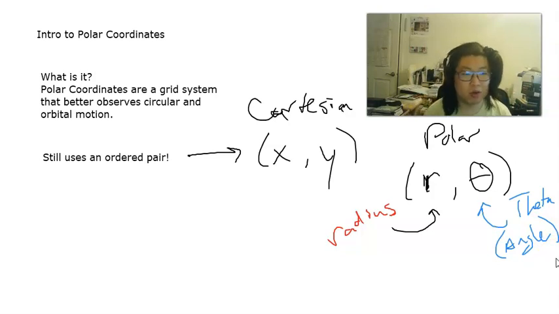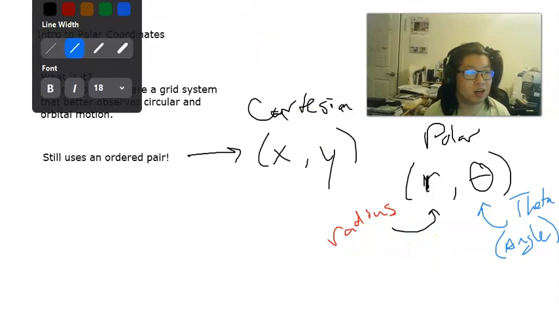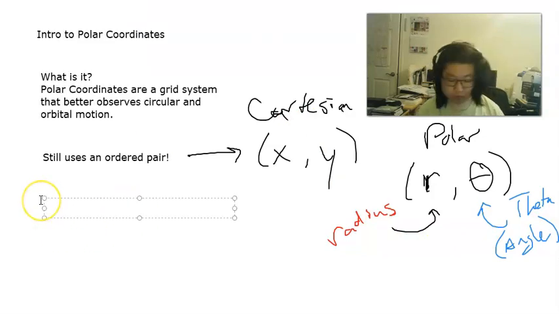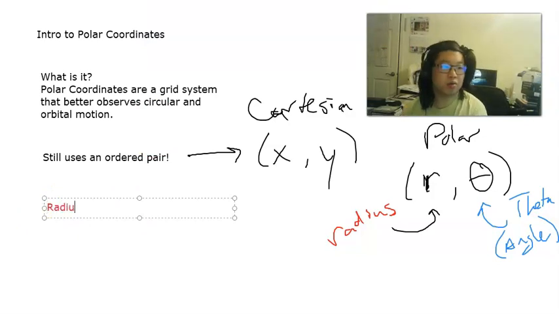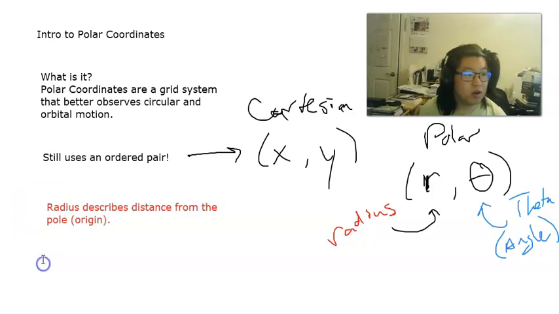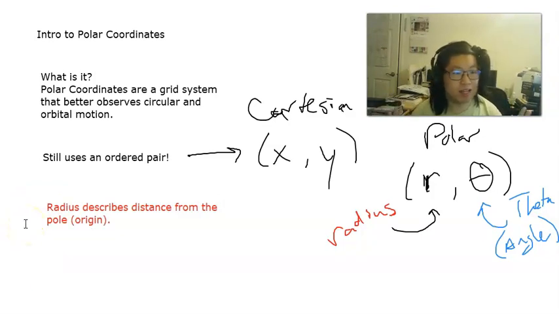So what exactly does the radius describe? Radius describes distance from the pole origin. If I'm 5 units away from 0, 0 in terms of length, that's my radius.